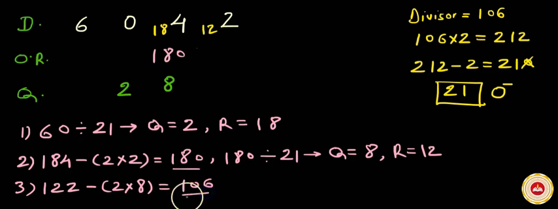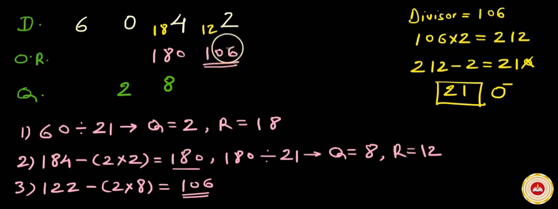This 106 is last osculation number and should be written below last digit in the dividend. So friends, we have calculated last osculation number, which is 106, which is divisor itself. See, it means that given number 6042 is divisible by 106.